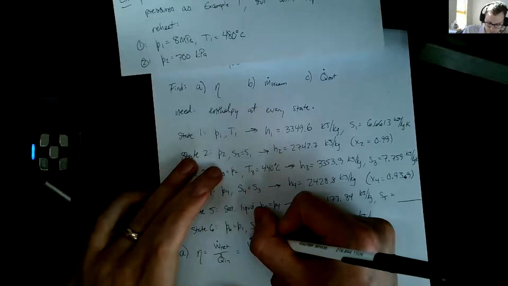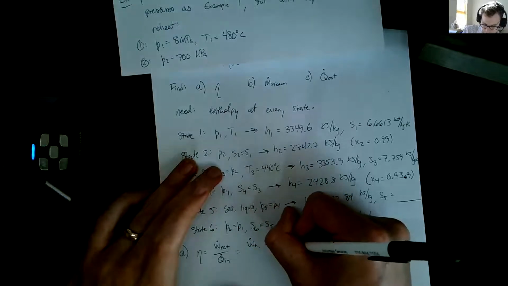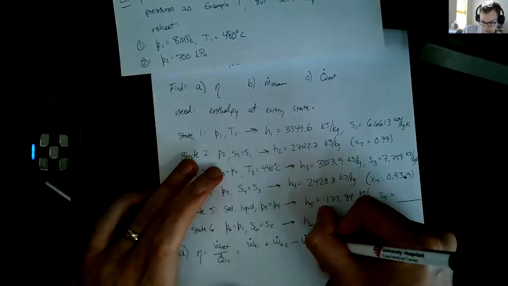So this is the power from the first turbine plus the power output from the second turbine. That's our total power output minus the power input to the pump. Later on, we'll have systems that have multiple pumps, and you could have 3 or 4 turbine stages. You could have lots of reheats. So when you have this, you have to account for every turbine stage and every pump that you have in your system.